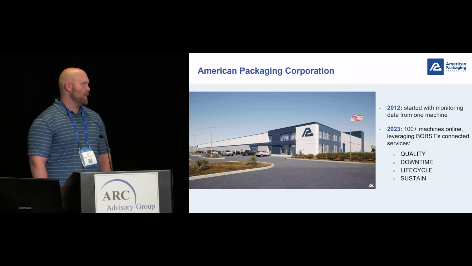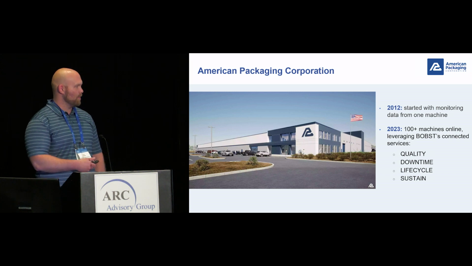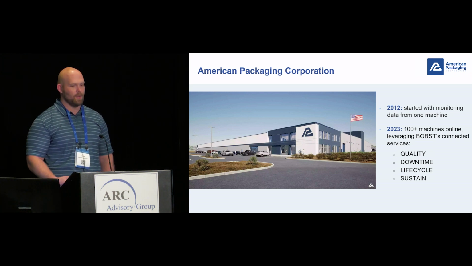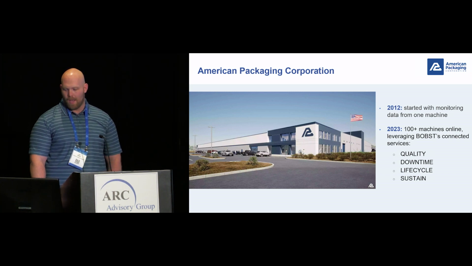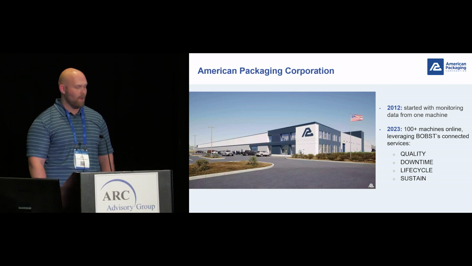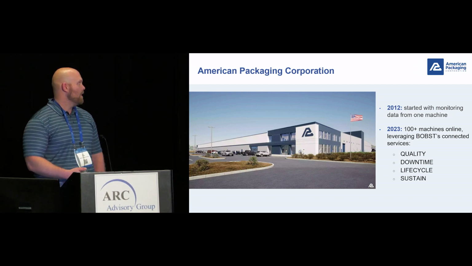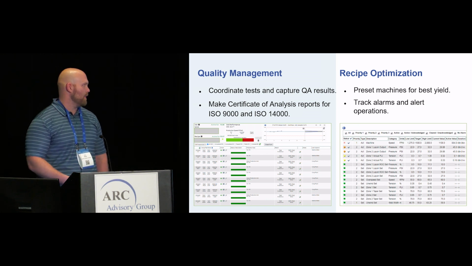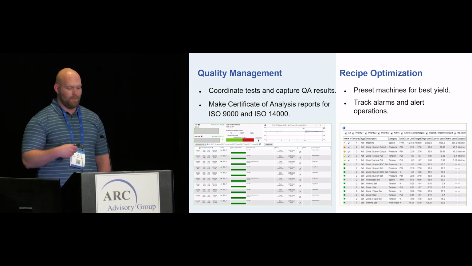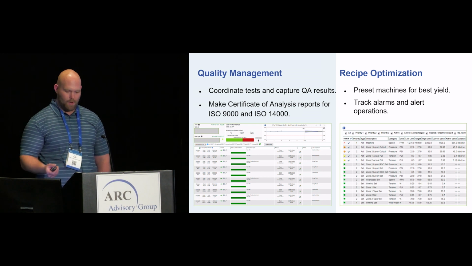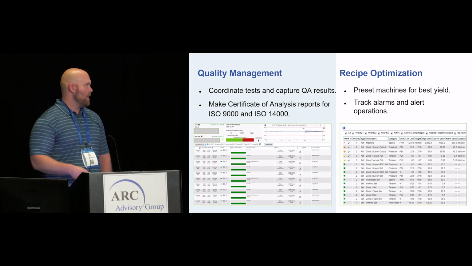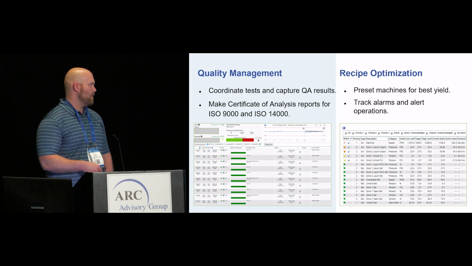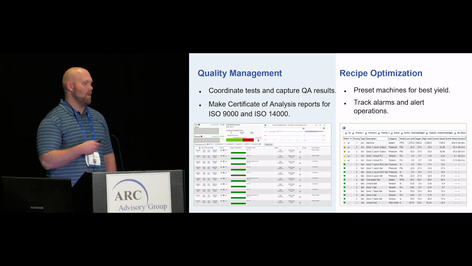We use quality, downtime, life cycle. We're looking to use sustain. We use monitoring and recipe management as critical parameters around how we run our business. Good examples of what we do, you can see quality management on the left. We send information to our service, EI3. It loads in the quality test data that they need to fill based upon our product specs.